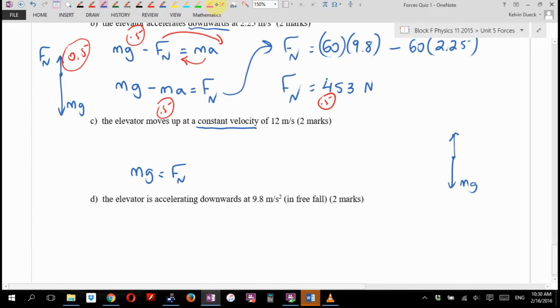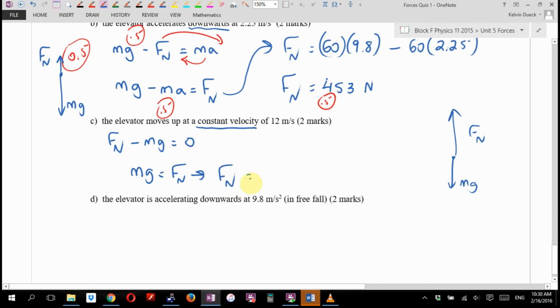You might say, well, it's moving up, Mr. Dewick, so maybe normal force is bigger, I'm not sure, and you would go, okay, normal force minus mg, but you would still say that equals 0, because what's your acceleration? 0. And can you see if you plus the mg over, you do get normal force equals mg.